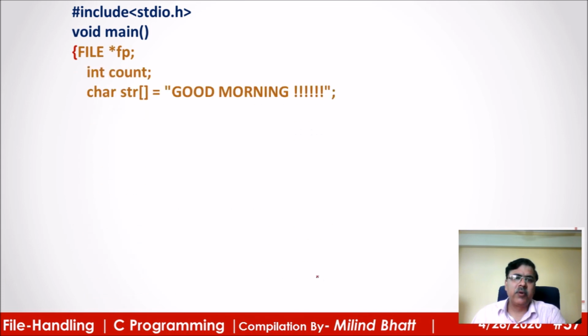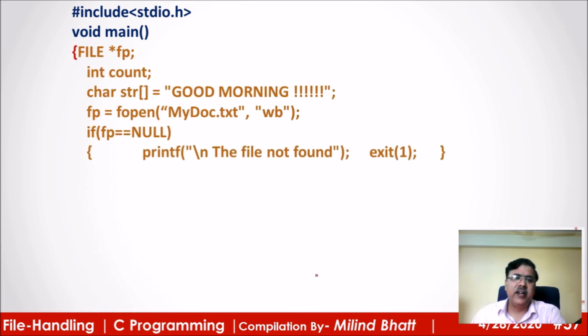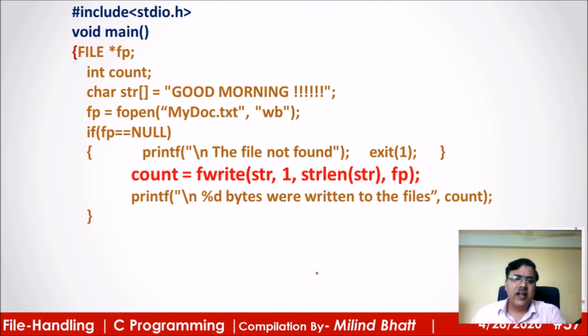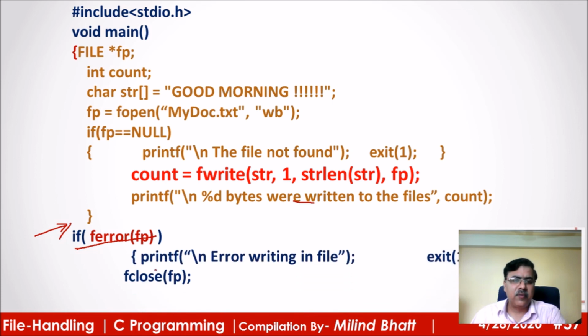This is a simple program of fwrite, and here ferror has also been used. If, while writing, some error has occurred, how will I identify it? If ferror(fp), printf "error writing in file", and then exit.